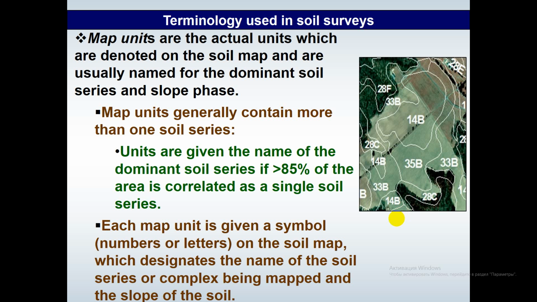Each map unit is given a symbol, numbers or letters on the soil map, which designate the name of the soil series or complex being mapped and slope of the soil.